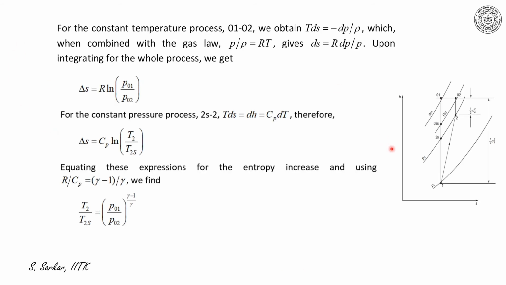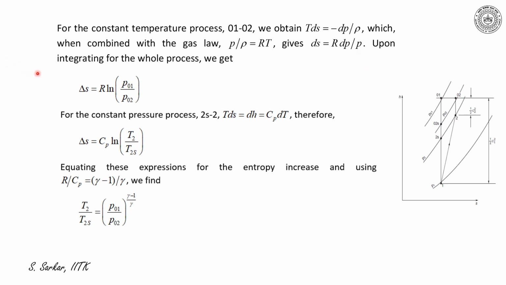Referring to the h-s diagram, for the constant temperature process 01 to 02, we can write T ds is equal to minus dP by rho, which can be combined with the ideal gas relation P by rho is equal to RT, which yields ds is equal to R into dP by P.